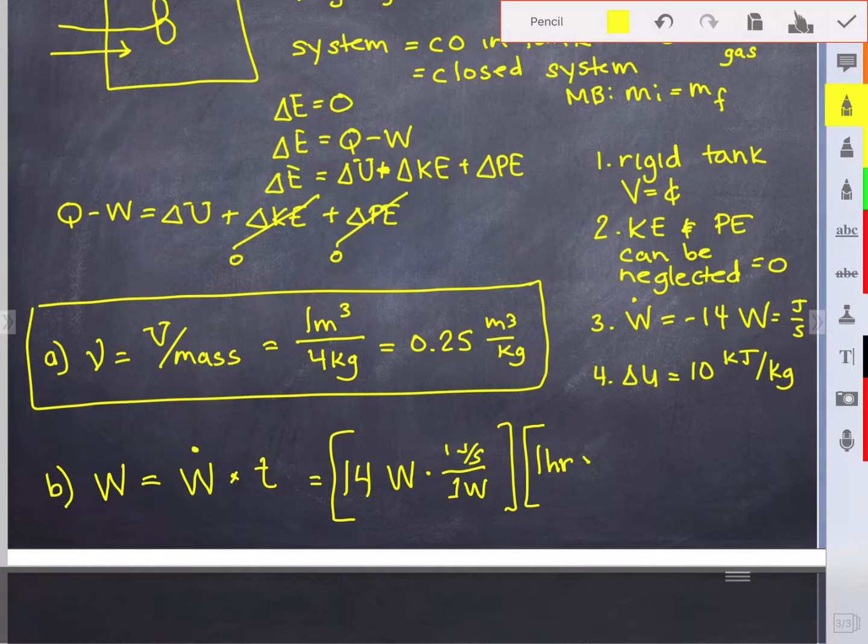So there are 60 minutes in 1 hour and 60 seconds in 1 minute. So in the end of this, you can see that my hours will cancel, my minutes will cancel, and I'll be left with seconds.